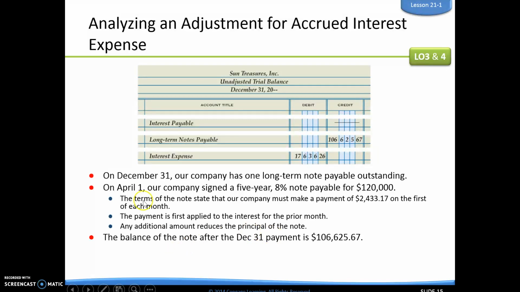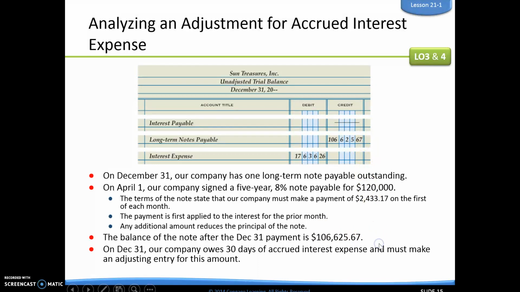We signed it on April 1st, and by the end of that year, December 31st, after making all of our payments, our balance on that note is down to $106,625.67, as shown by this balance right here. On December 31st, our company owes 30 days of accrued interest expense and has to make an adjusting entry for that amount.